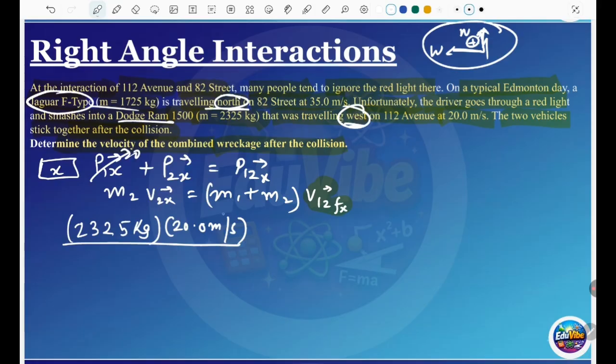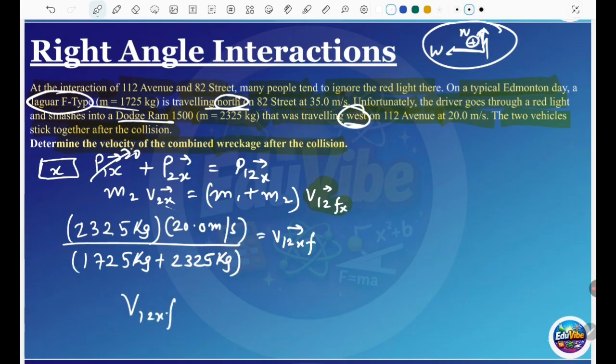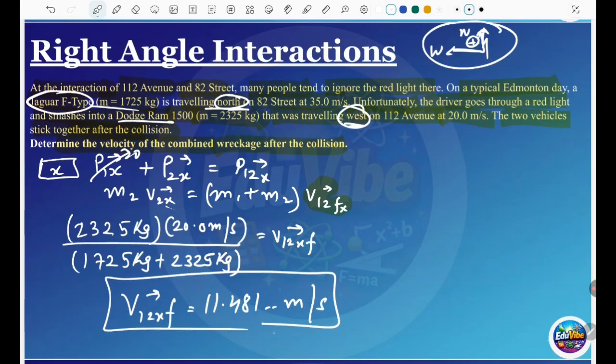This m1 plus m2 goes over there, so it divides, and we only are left with this. So here we have 1725 kg plus 2325 kg. When we solve this, we get the combined velocity in the x component of about 11.481 meters per second. So we get the v12x final.